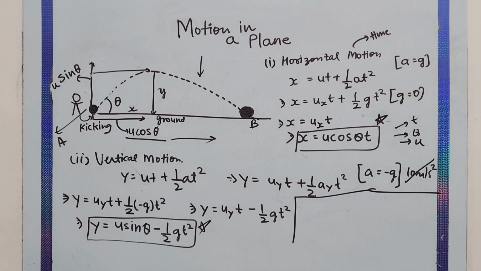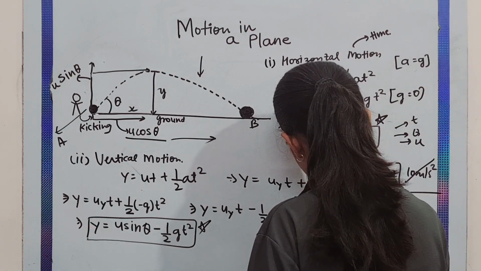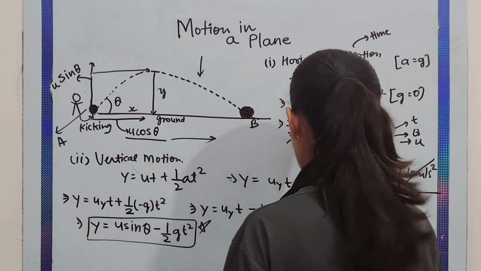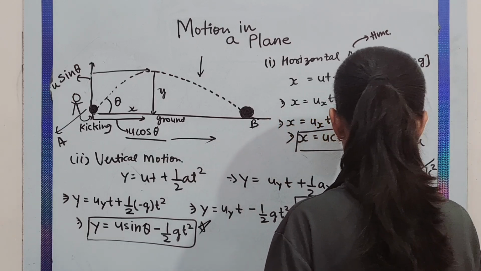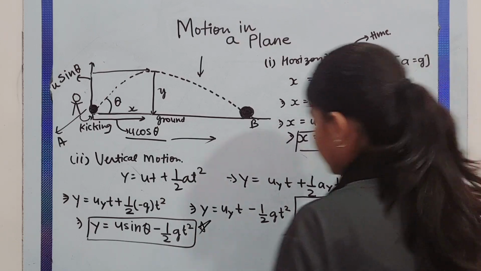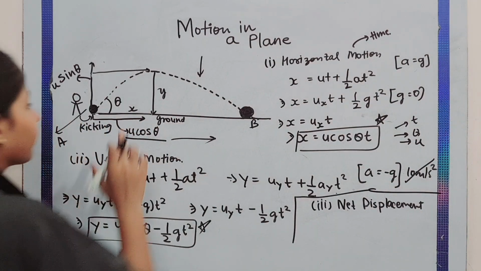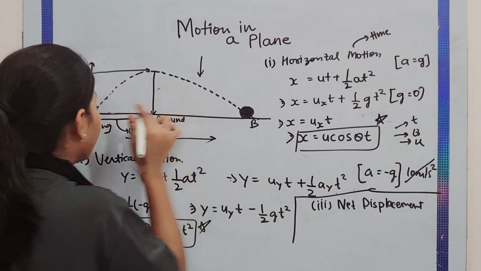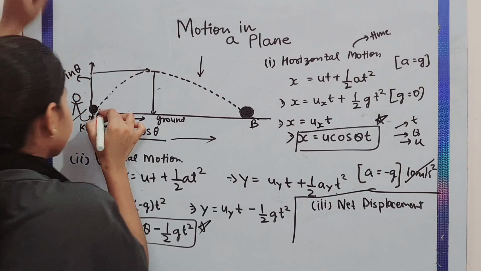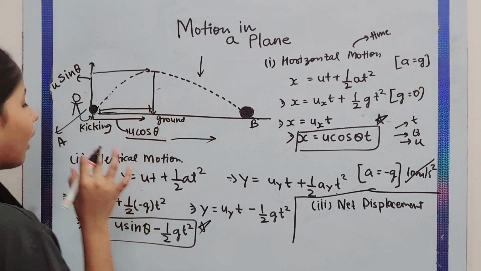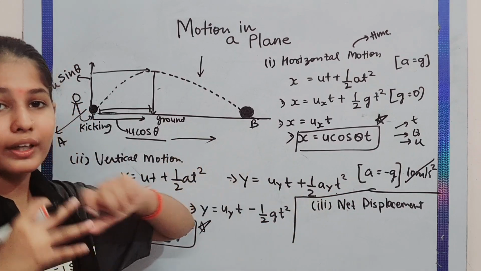Let me see. Yes, of course. So third is our net displacement. Now you need to understand this a little, but it is very important, very easy. You will remember theta. If it is asking that from here to here, you have to find out the net displacement. What is the displacement here?